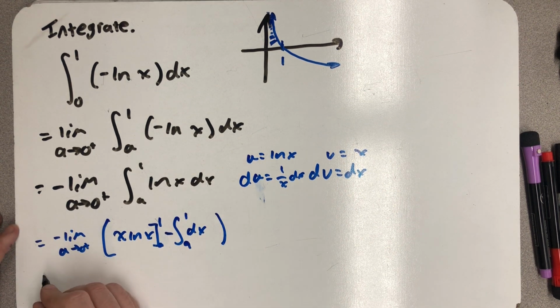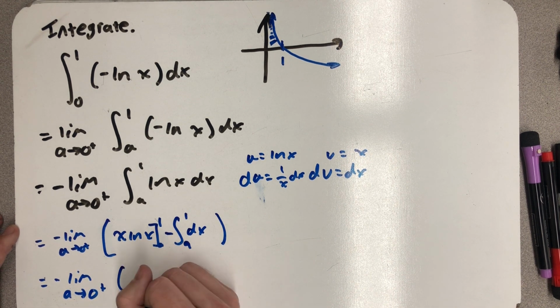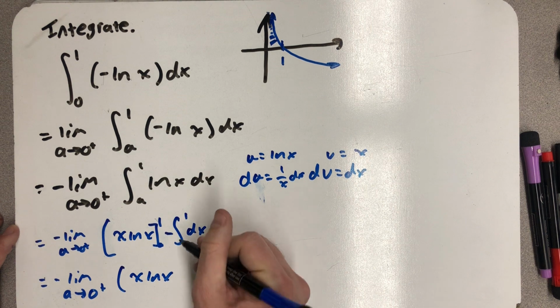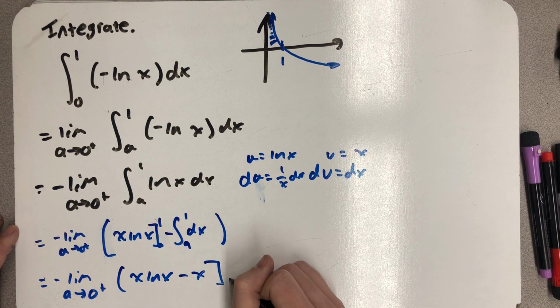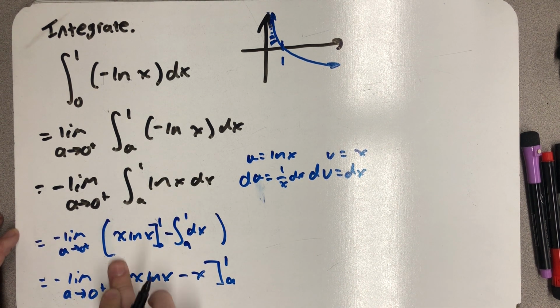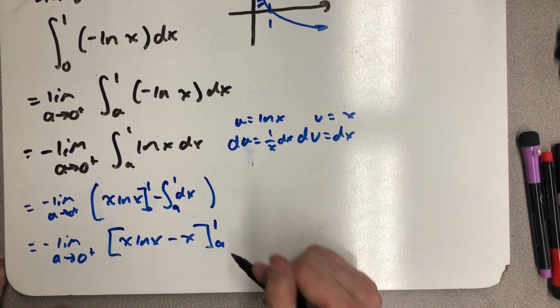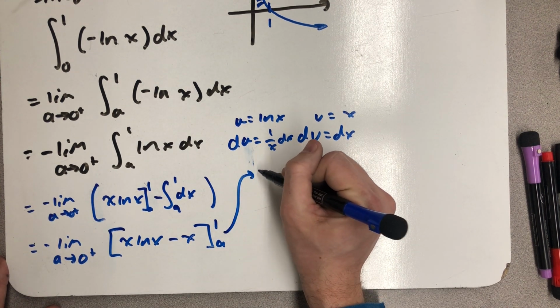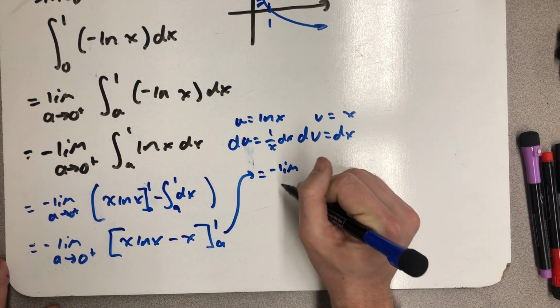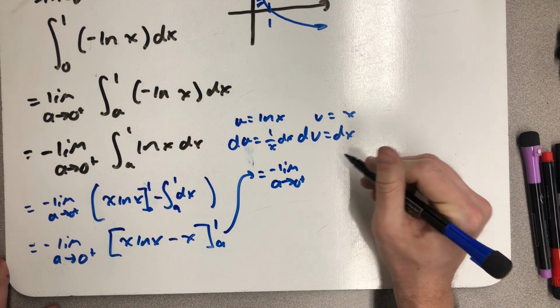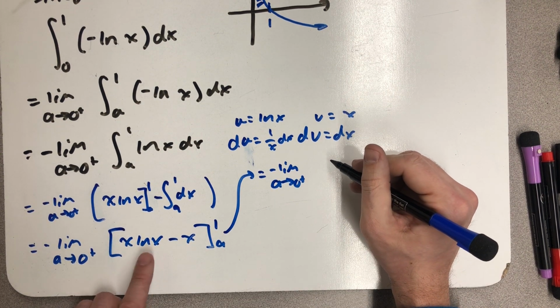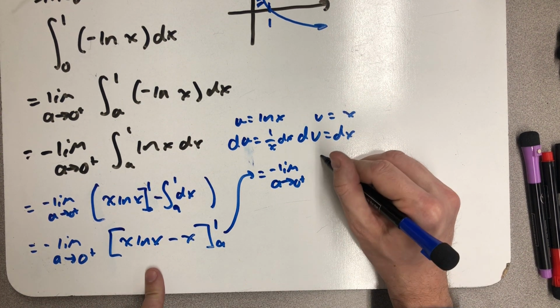All right, so still taking a limit, minus the limit as a approaches 0 from the right. And I have x times the natural log of x, minus x, evaluated from a to 1. Now I can go back to using that grouping symbol there. I need to plug some things in and evaluate a limit. So if I plug in a 1, well, the natural log of 1 is 0, so that bit would go away.